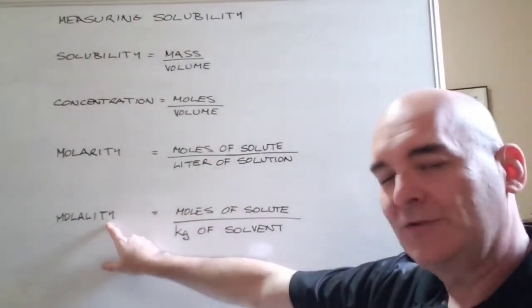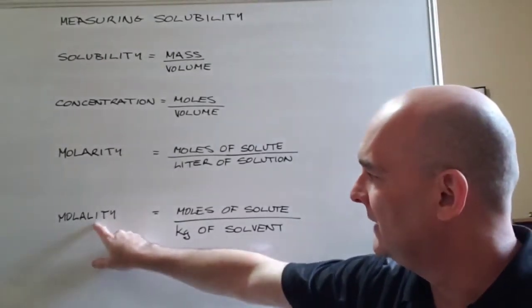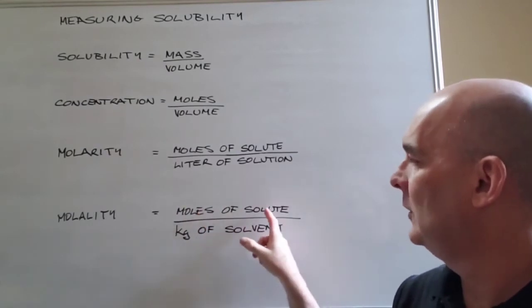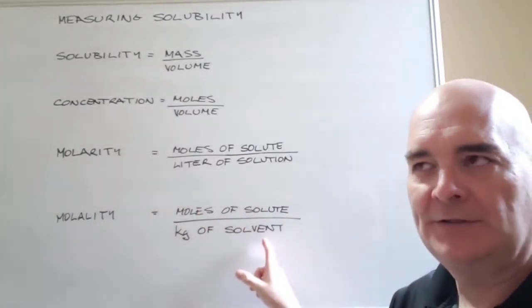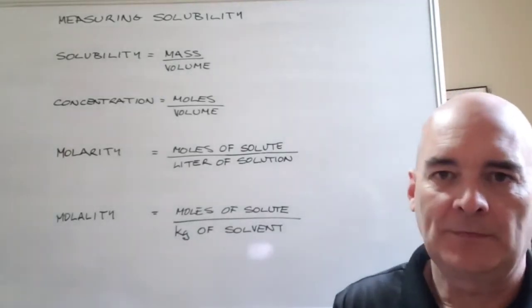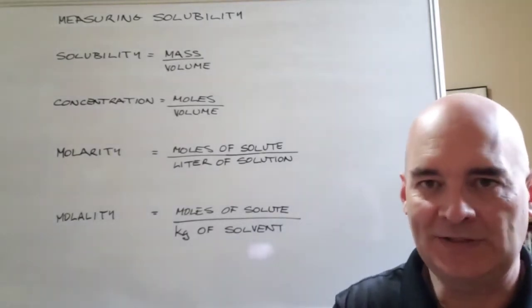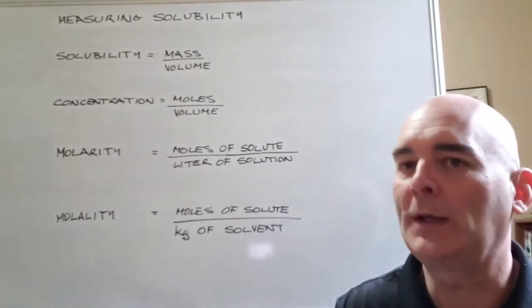A slight twist on that is called molality, and molality is different than molarity in that this is moles of solute per kilogram of solvent. Now, because we're dealing with water, which has a density of 1, 1 kilogram of water is equal to 1 liter.